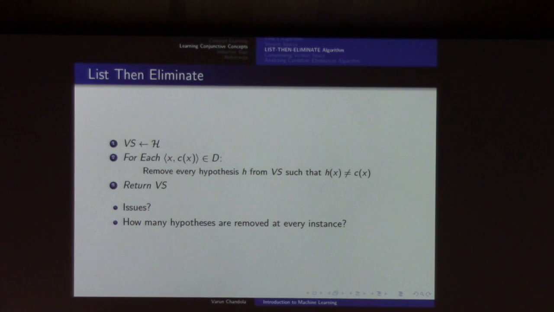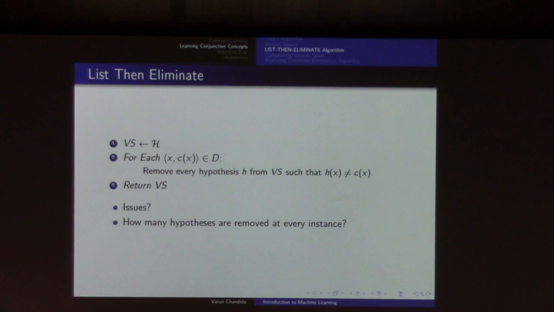What this one does is it says that my version space is actually my entire hypothesis space, the entire space of concepts. You can call it the conjunctive concept space or the hypothesis space. So we start with that, and then as you see more and more data, you start removing the hypotheses which are not consistent with the data so far.